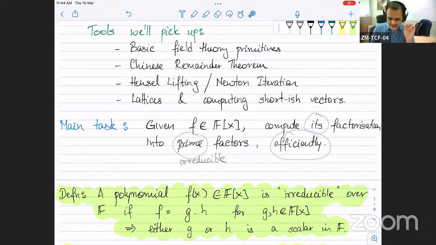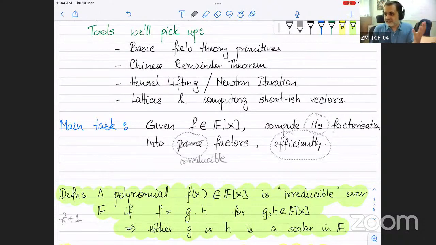I do want to stress a few things, which is that it's important that we talk about irreducibility over a field F, because there may be polynomials that are irreducible over one field, but not over another. A canonical example for this is the polynomial x squared plus 1. Over the reals, there is no way to write this as a product of two linear polynomials.